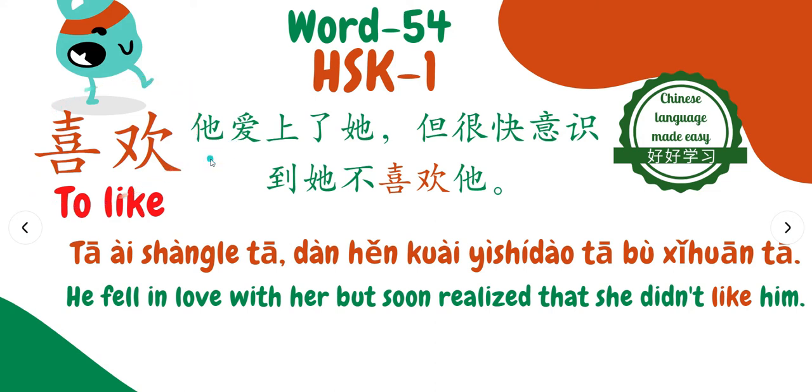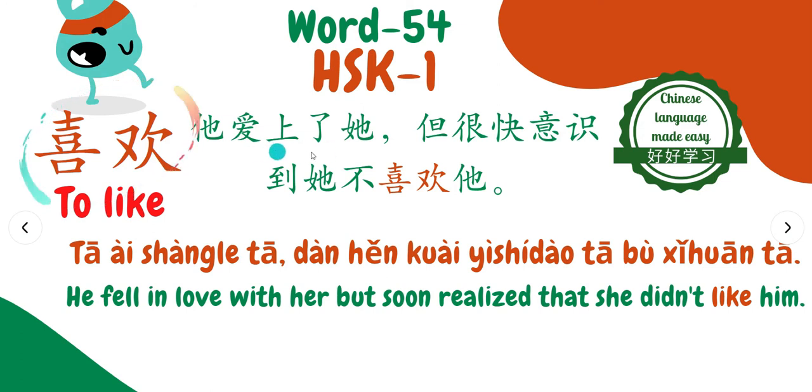Okay, the sentence is a little bit lengthy, so focus on it. 他爱上了她，但很快意识到他不喜欢她。He fell in love with her, but soon realized that she didn't like him. 他爱上了她，他 means he, 爱上了 to fall in love.